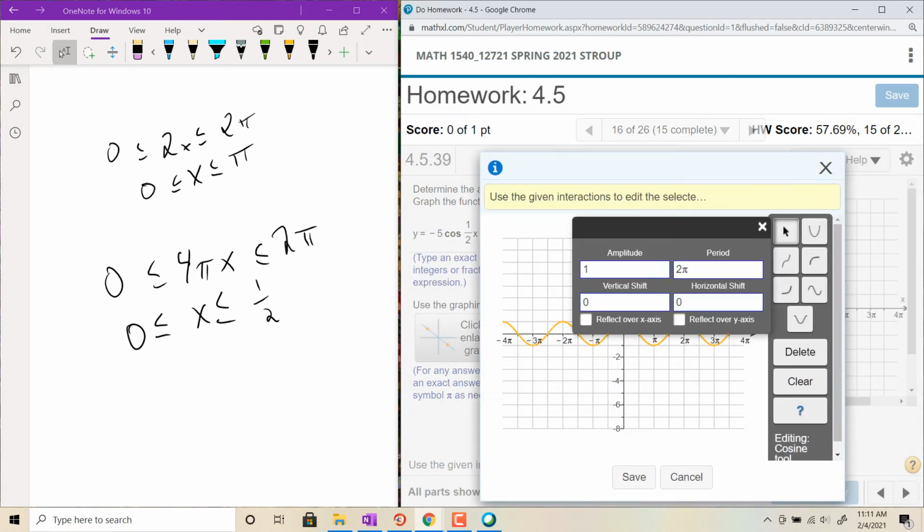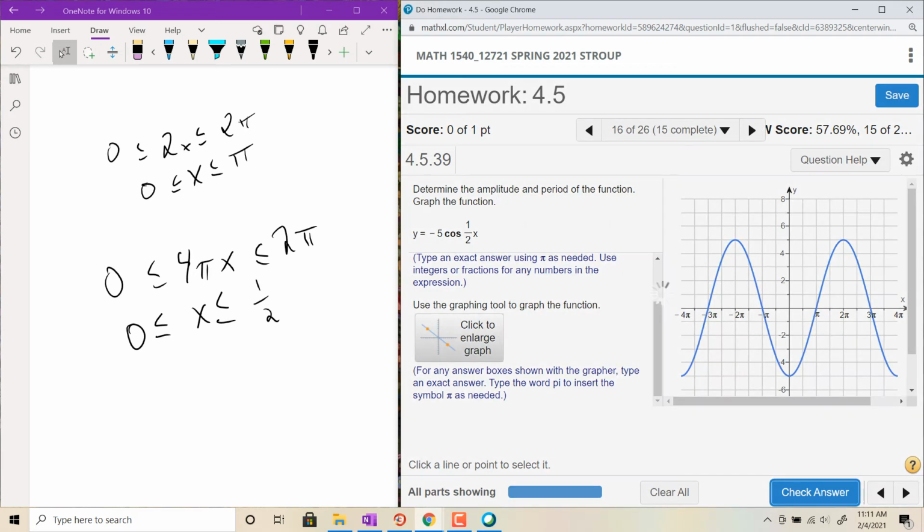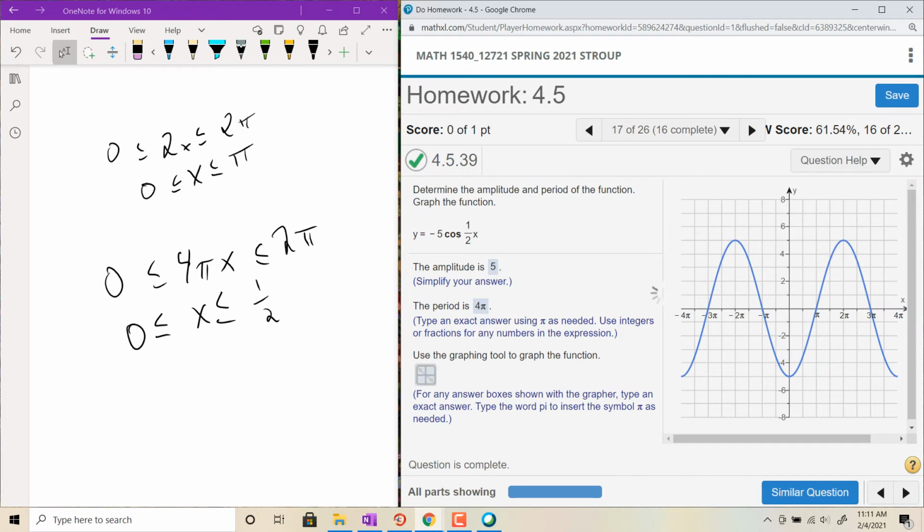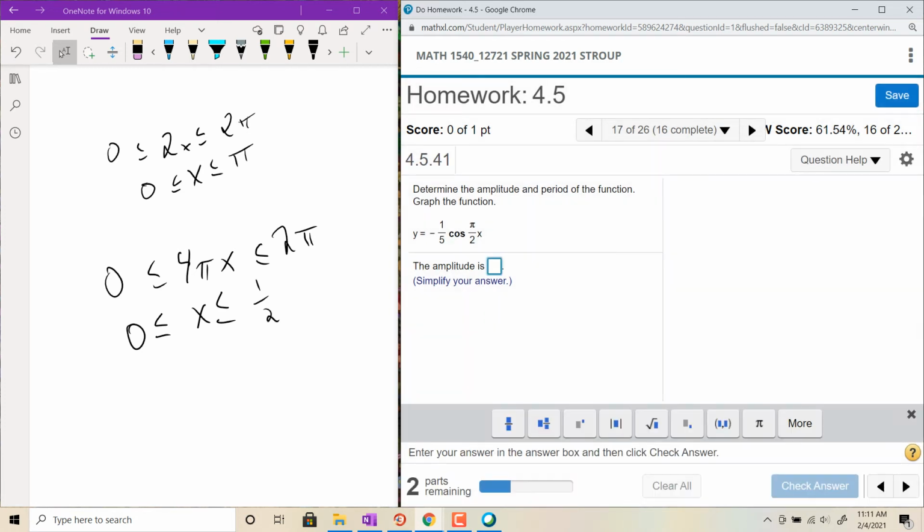So it's a cosine function. Amplitude is 5. And then I have to reflect about the x-axis. Period we said was 4 pi. And then we should be good. Amplitude is 1/5.